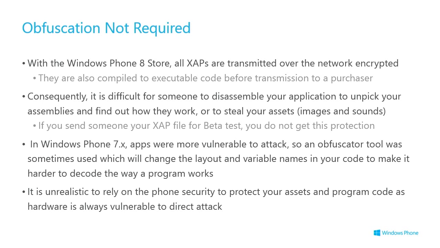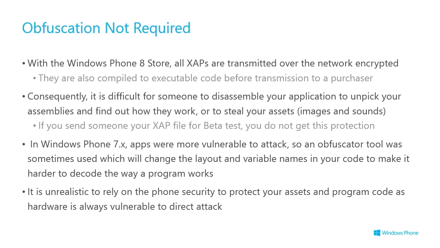That's not really necessary anymore unless you've got very, very high security requirements, because we've got this compile in the cloud thing. What is being shipped from the Windows Phone store over to a device is native code anyway. It's pre-compiled code. And the other thing is that the network connections between the store and the Windows Phone 8 phones are all SSL.